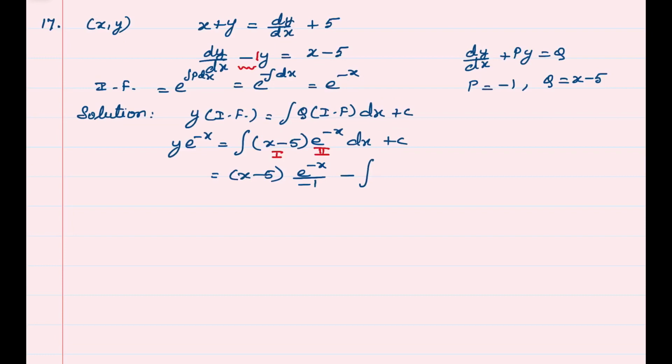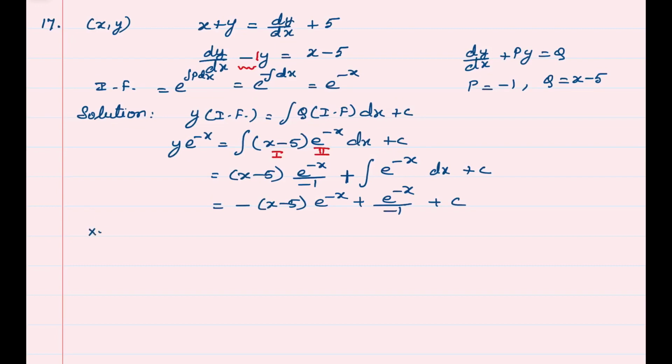Therefore, the differential of the first function is 1, and the integral of the second function, e to the power minus x divided by -1, I will change the sign here, it becomes positive. Minus (x minus 5) e raised to minus x, and the integral of e raised to minus x is e raised to minus x divided by -1, plus c.